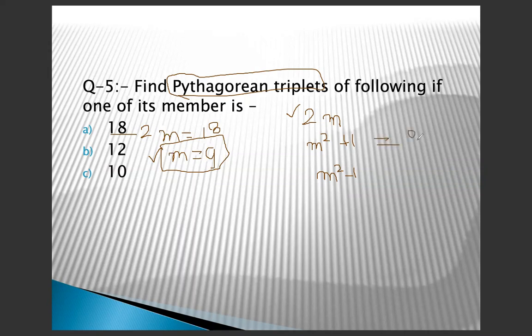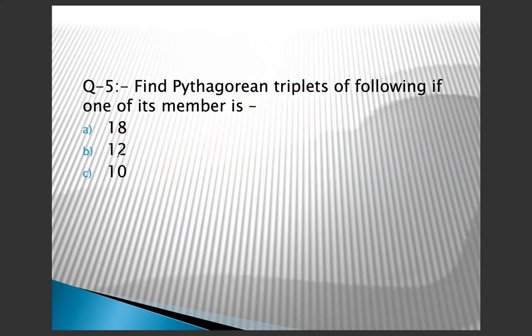And if we do m square minus 1, that becomes 81 minus 1, that becomes 80. So these are our triplets, which are 18, 82, and 80. With this formula, you can find the rest of these as well using 2m, m square plus 1 and m square minus 1.